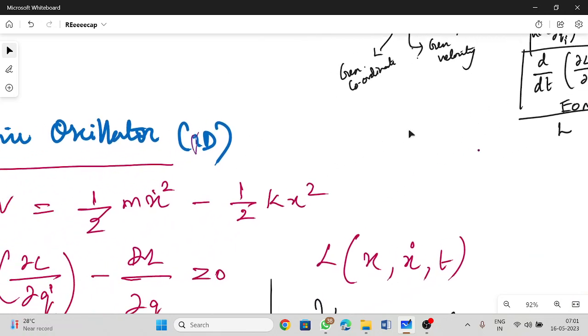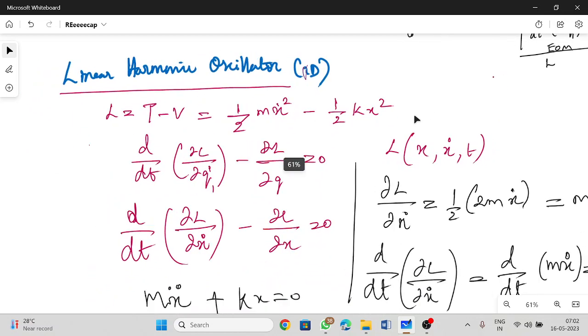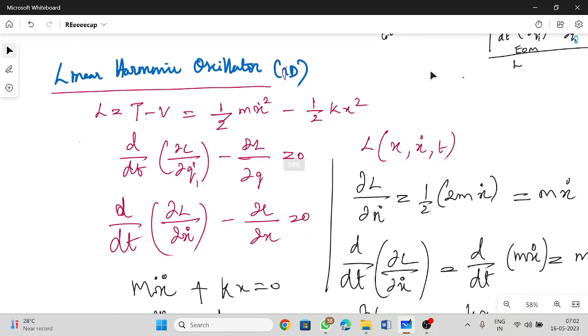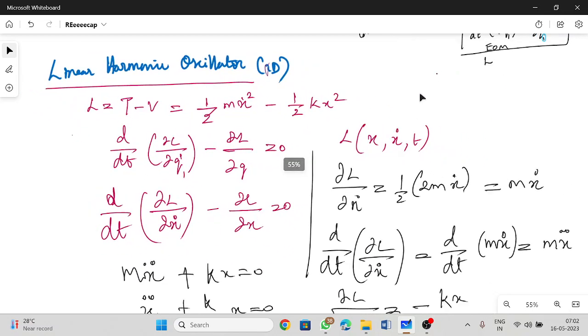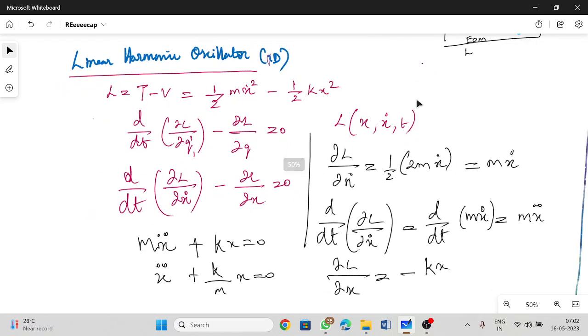So now let's get into some basic, easy example which uses the Lagrangian formalism to solve. Here I will be using a harmonic oscillator problem in one dimension, right? So the Lagrangian L is equal to T minus V. T is the kinetic energy.